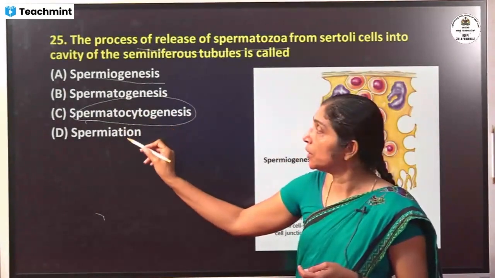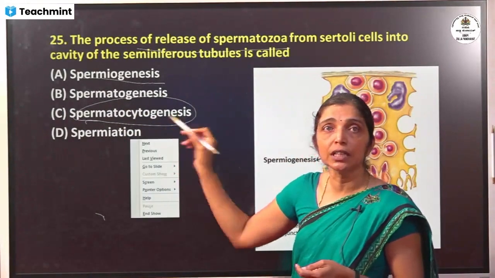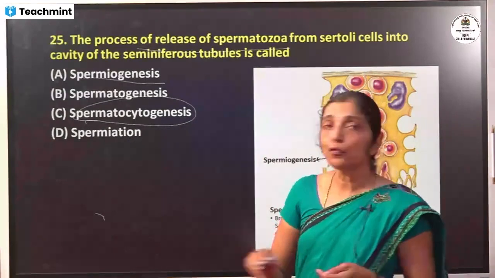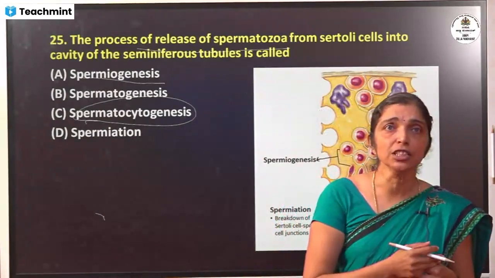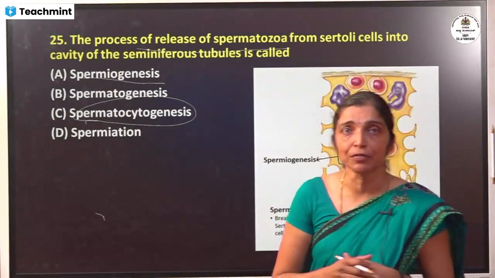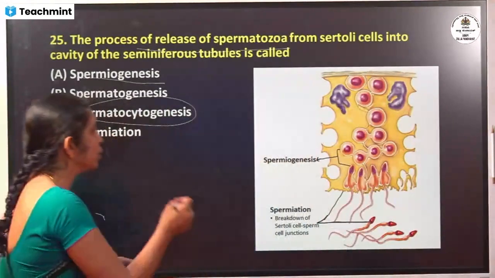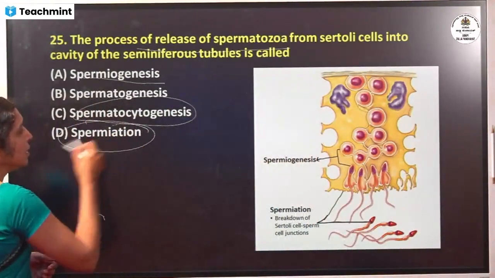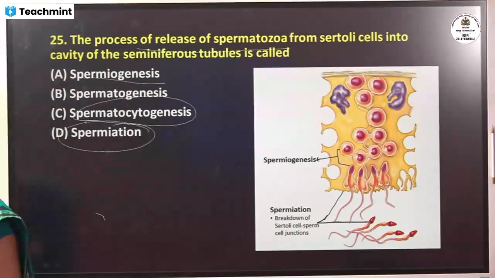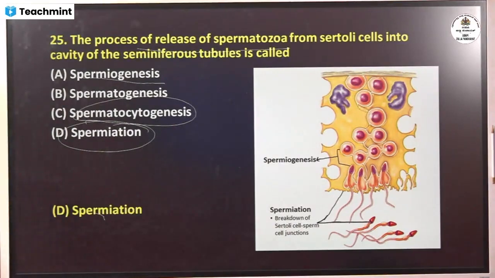And spermiation is actually the release of the sperms from the Sertoli cells into the cavity of the seminiferous tubules. So spermiation is the right option, that is option D.